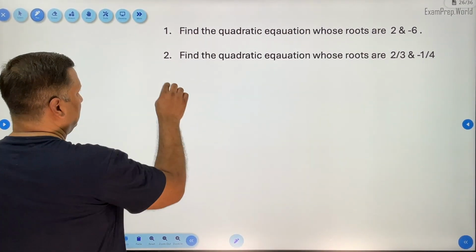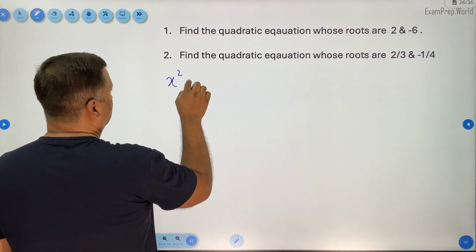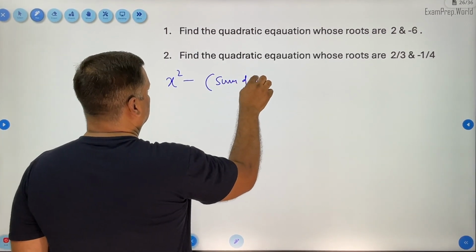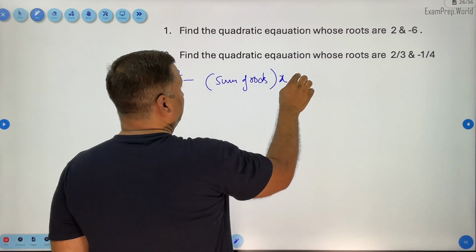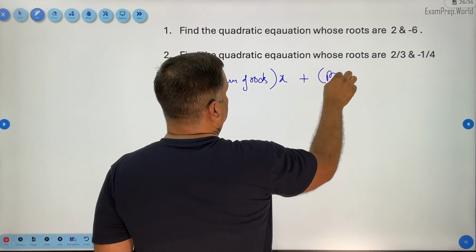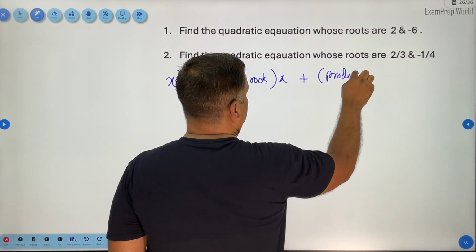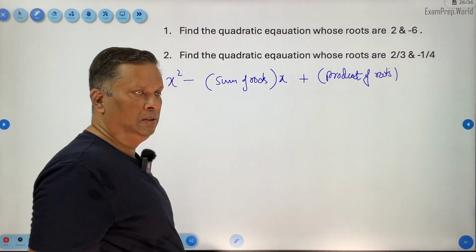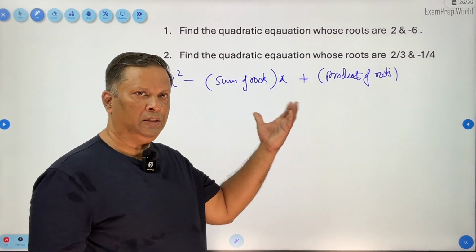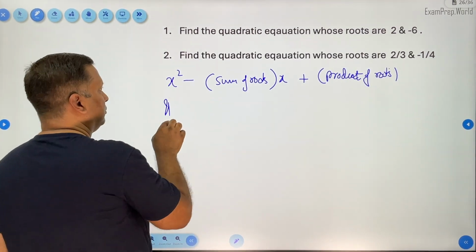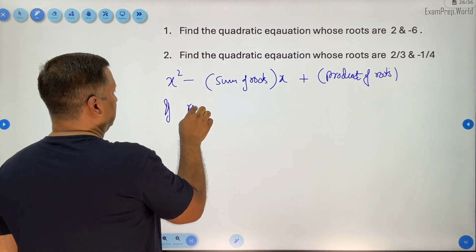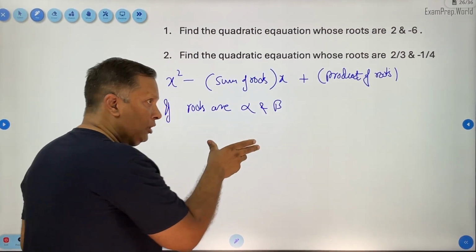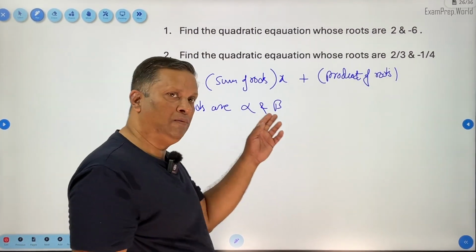The algorithm is very simple. X square minus (sum of roots) times x plus product of roots. Okay, as simple as that, right? So if roots are alpha and beta, see, I am not telling the sum of the roots, I have given the roots itself, alpha and beta.